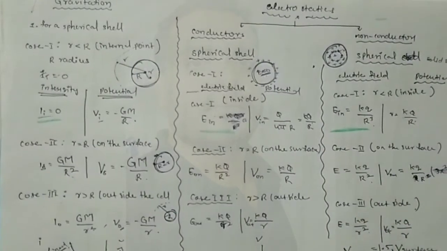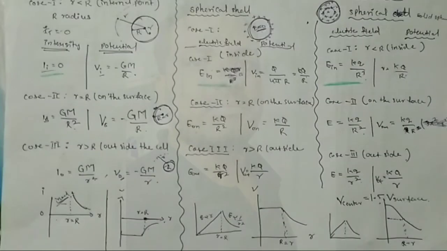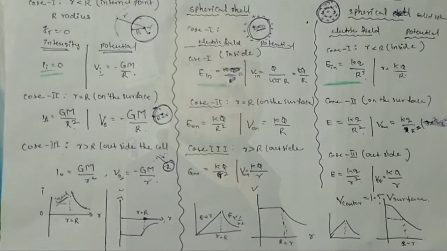In every case the potential is equal. Electric field inside for gravitational is equal to 0. For conducting material the electric field is 0, and for the non-conducting spherical cell the electric field is Kq by R cube.